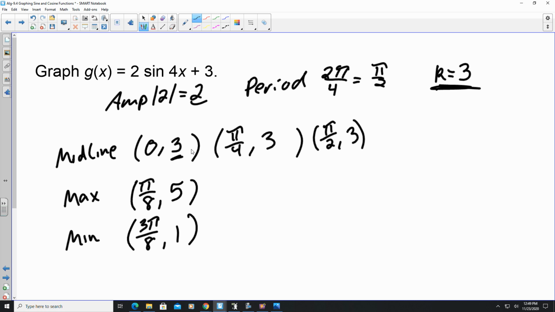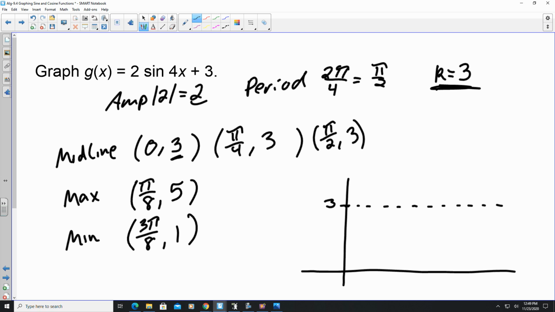So when I get my graph here, the first thing I'm going to do is draw my midline value, which is 3. Just make a little dotted line here. And then I'll go from there. So this is where 5 is. We'll say this is where 1 is. And I'll make my period value where pi over 2 is.